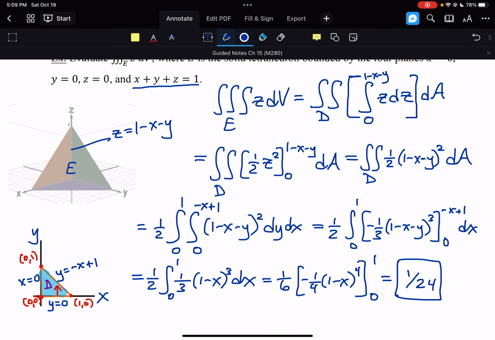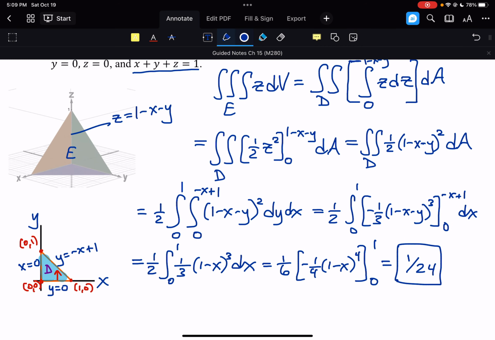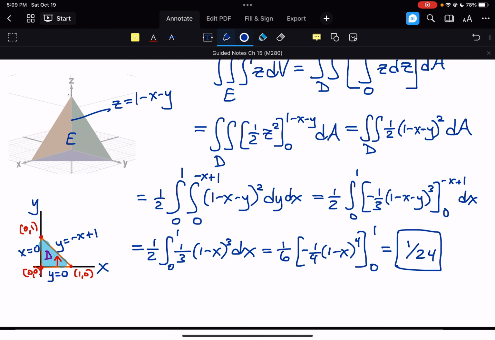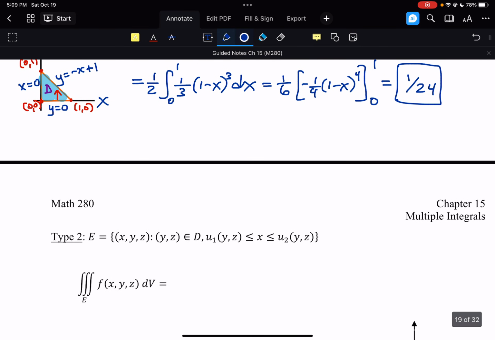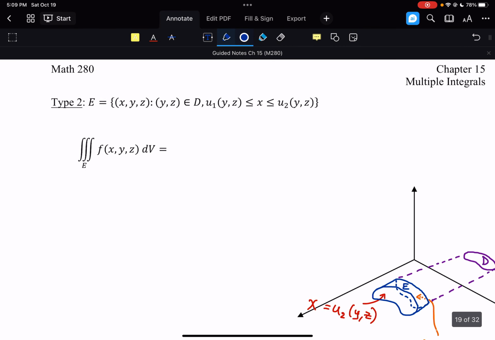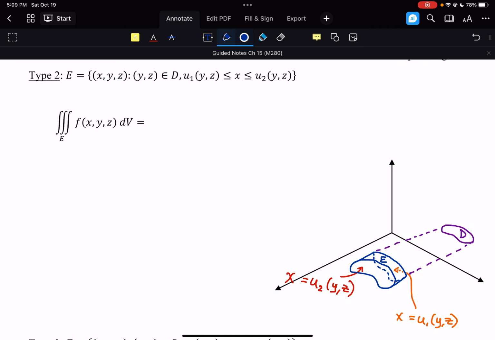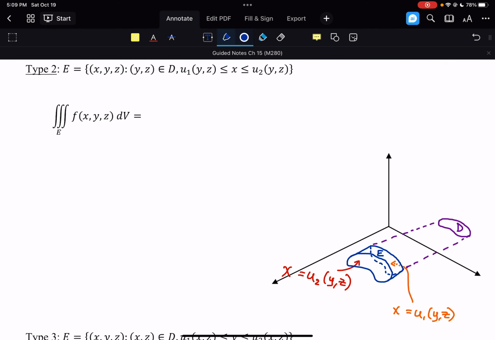So we handled the 3D portion first, and then turned it into a double integral problem, and then we solved that using the techniques of the previous sections. Next up, we have here a type 2 triple integral.